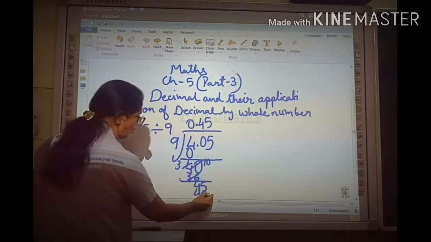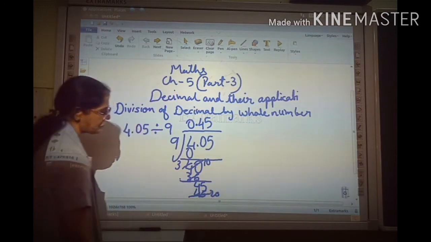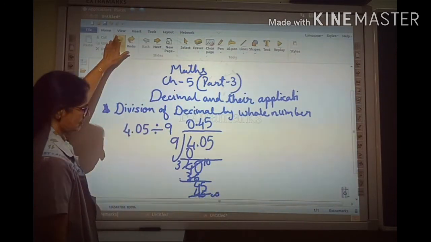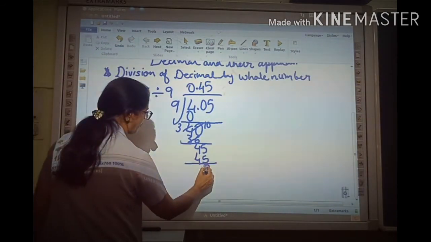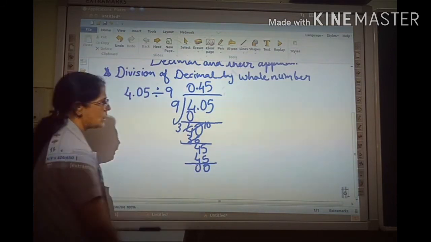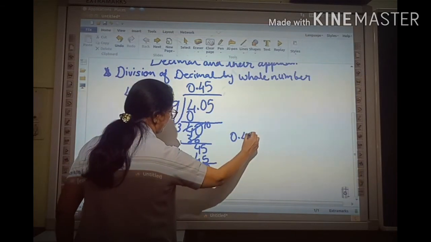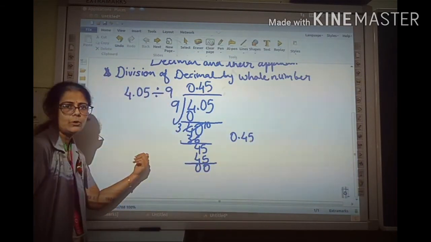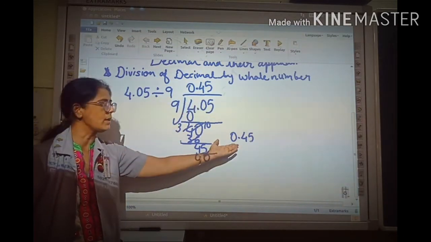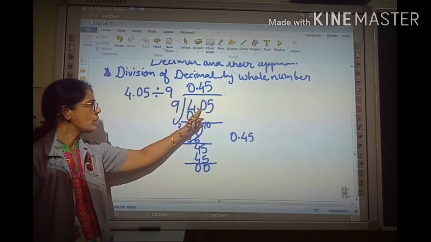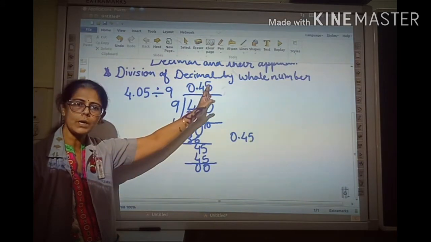If I subtract both, what I will get? 0 and 0, right? So if we subtract 5 from 5, what we will get? 0, and here also 0. So what is our answer? 0.45. Understand? So now you have to know how in the quotient we get the decimal also. Before dividing with the number after the decimal, we have to place the decimal in the quotient also.